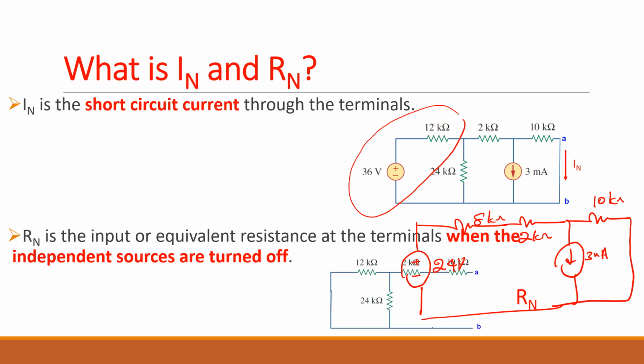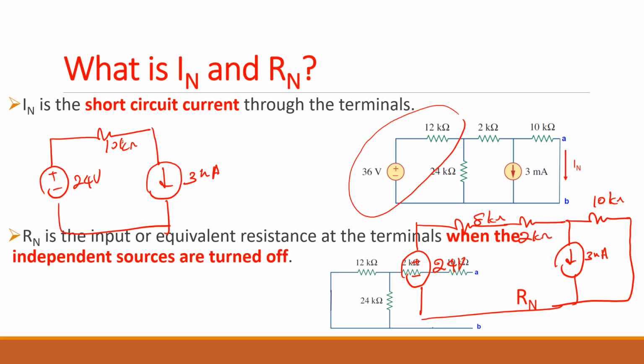So you can say you have a 24 volt source and a series resistance of 10 kilo ohms, and you have a 3 milliamp current here, and you have a resistor as well here which is 10 kilo ohms. Up to here, any question? I'll give you time for questions, but do you understand what I am doing?